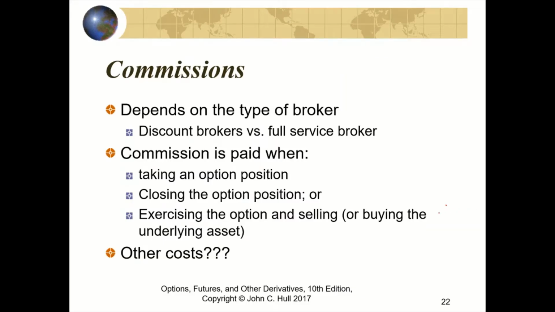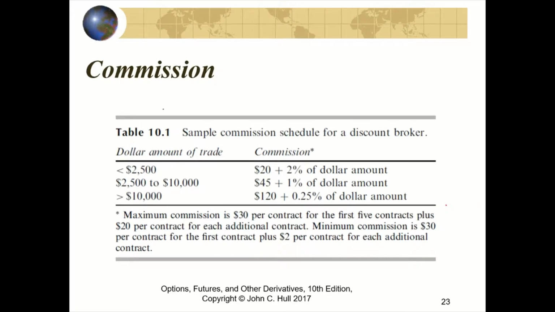Let's take an example. This table here is for a commission schedule that a discount broker charges for trading options. Now you can see here that based on the value of the transaction, the way the commission is calculated is going to be different.